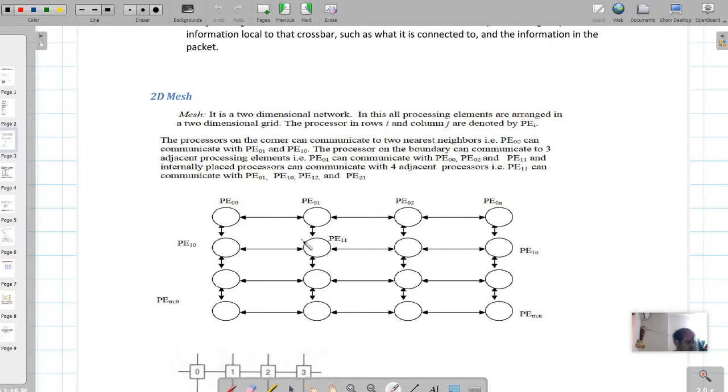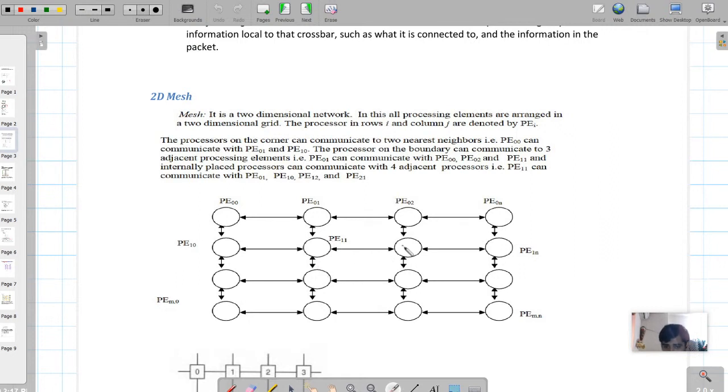Now, just pause for a second, give yourself some thought and try to figure out which other processors a particular processor can communicate with. I repeat the question once again.